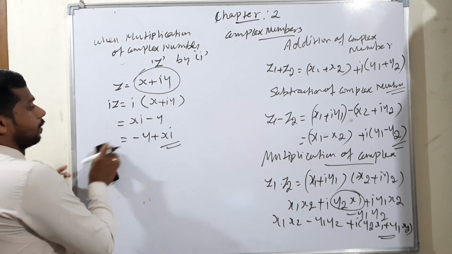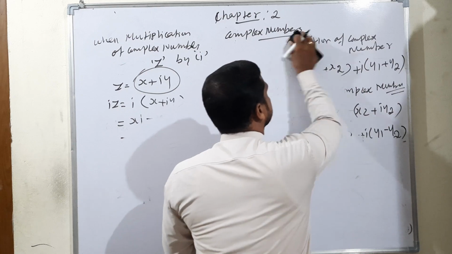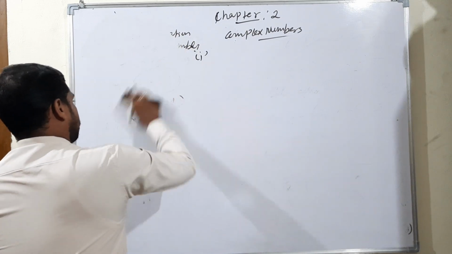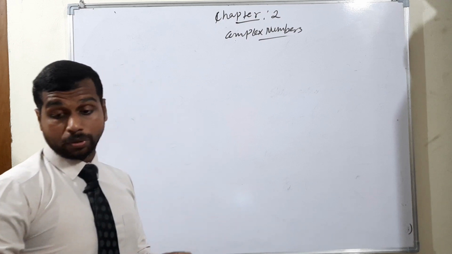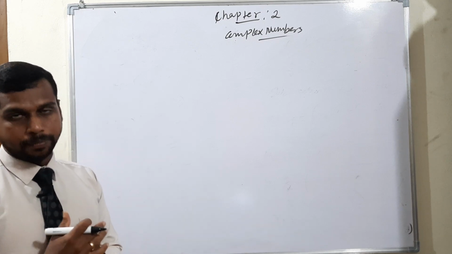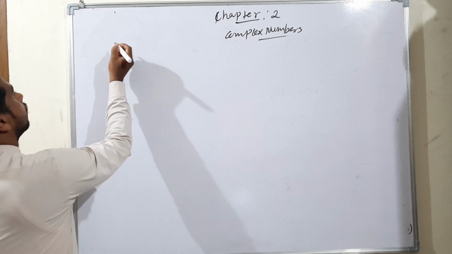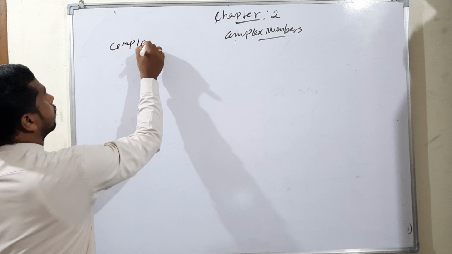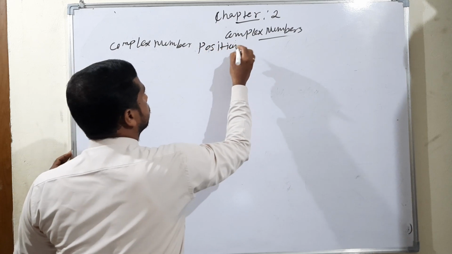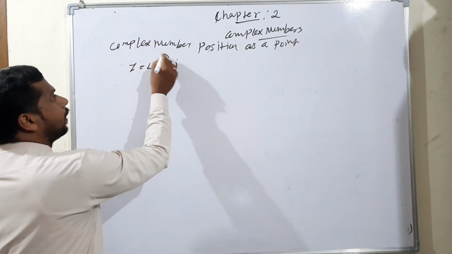Before moving to the properties, first the position of the complex number: complex number position as a point, from origin and without origin. For example, consider Z is equal to 4 plus 3i; definitely the point is 4 comma 3, isn't it?